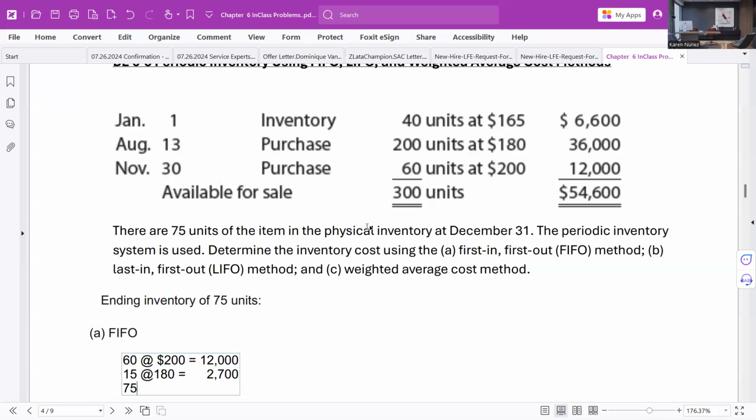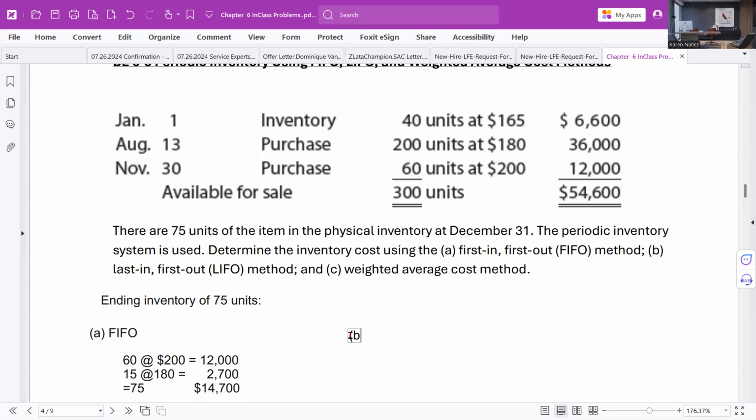So the 75 units, 60 plus 15, equals 75, for $14,700. 14,700 is the cost of the ending inventory under FIFO, first in, first out.